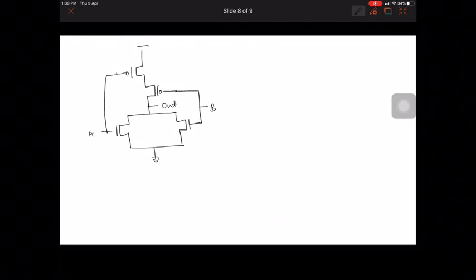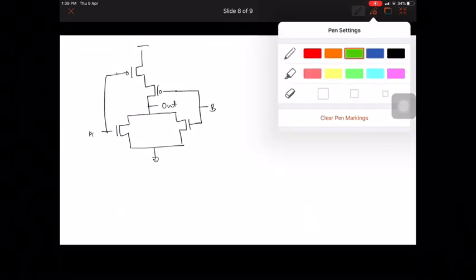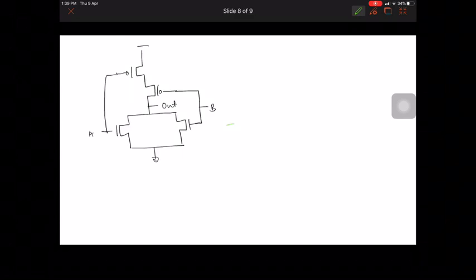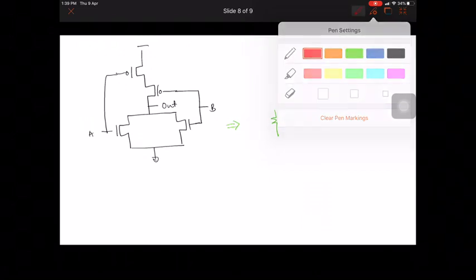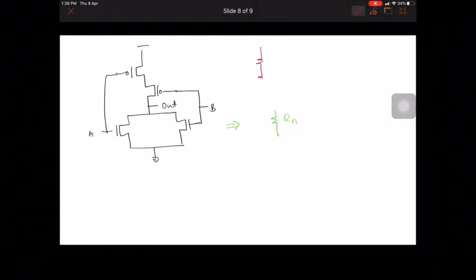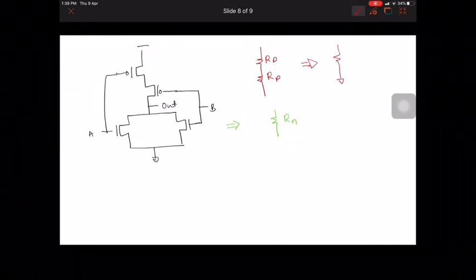Now if we look at the pull down network, the worst case here will be Rn, and for the PMOS, they are in series, so they would be 2Rp, right?